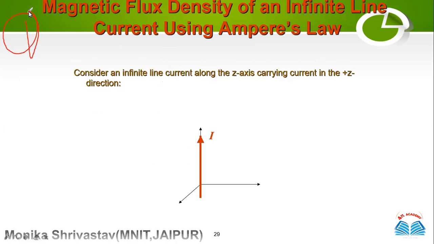The application is saying you can use Ampere's law to calculate the value of B, magnetic flux density, for an infinite line carrying some current I. Okay, for an infinitely long wire, having some line current I. So consider an infinite line current along the Z axis carrying current in the positive Z direction. It is this. The current is in the positive Z direction.